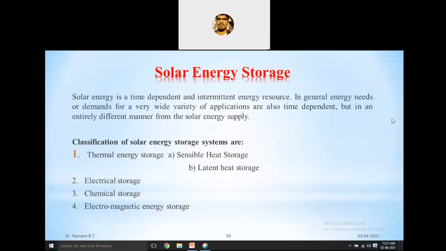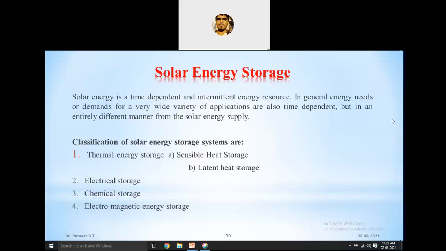So next, it permits a match between the solar energy input and the load demands. If you use a storage system, it will match the requirement with the generation, storing and supplying the energy. Okay, so these are some advantages of why you have to go with storage of electric energy.